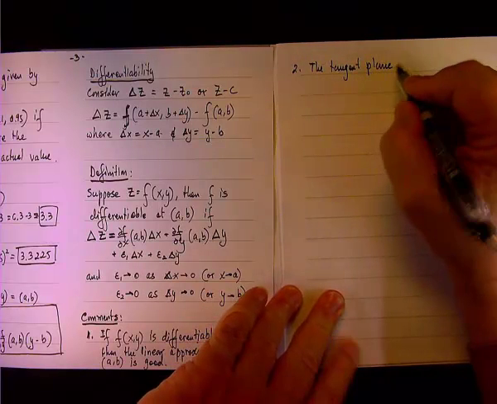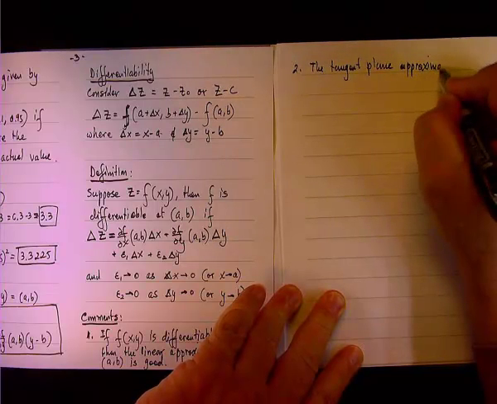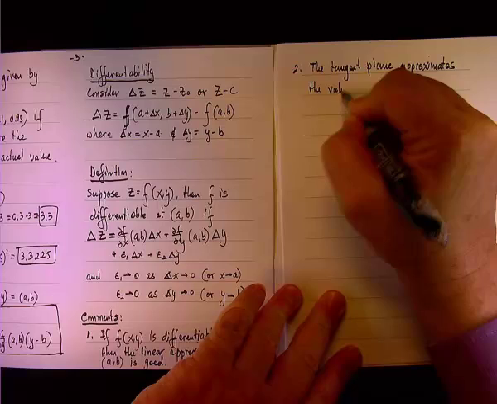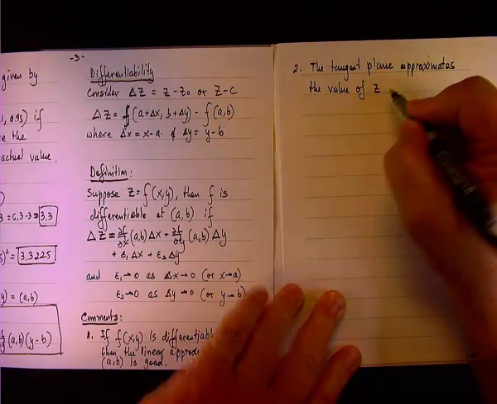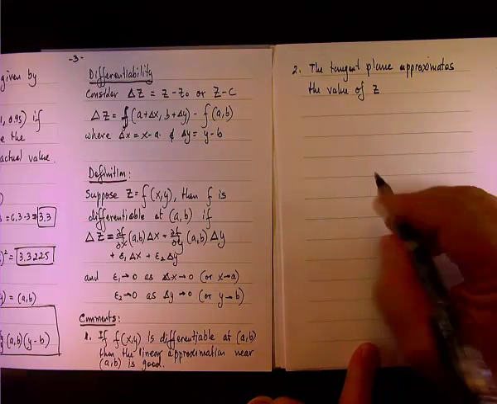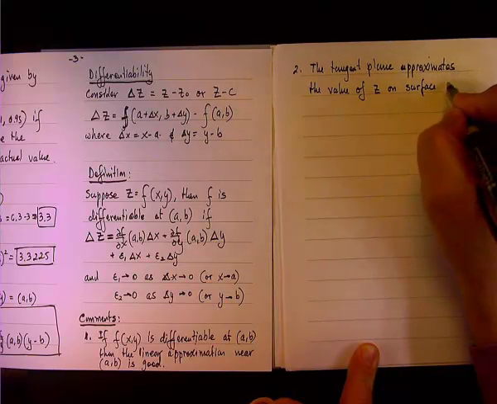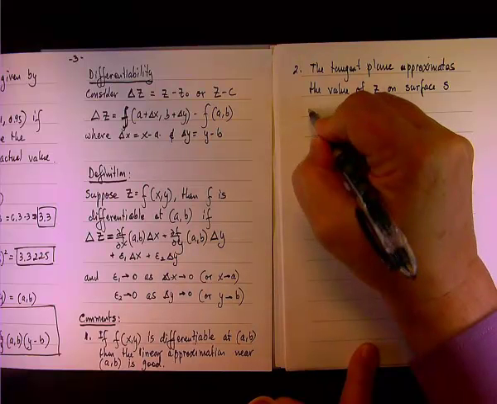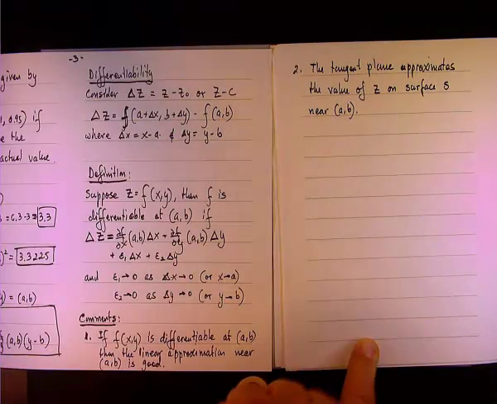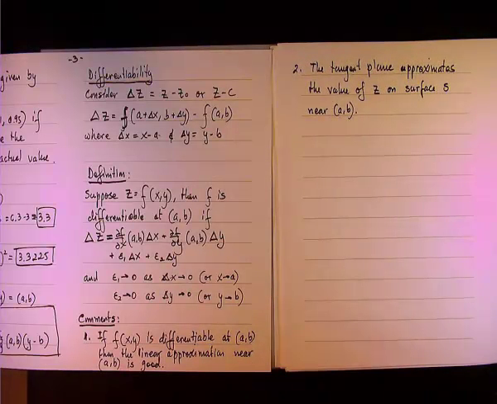The tangent plane, and that's what started it all, approximates the value of z on surface S near (a, b).